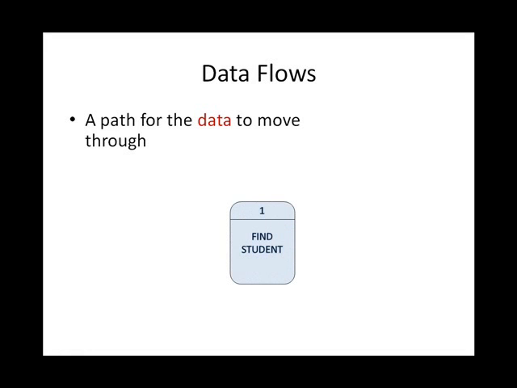All I need to know is what it does, and therefore I need something like a student ID. The data flow is a pipe where the student ID will go through into the process itself. The process will do something, which is to find the student, and provides me an output, and that output is student details. Again, this information will go somewhere else in your system.